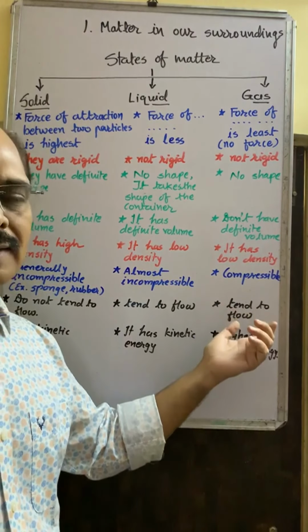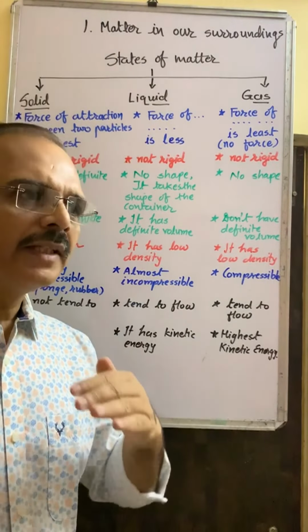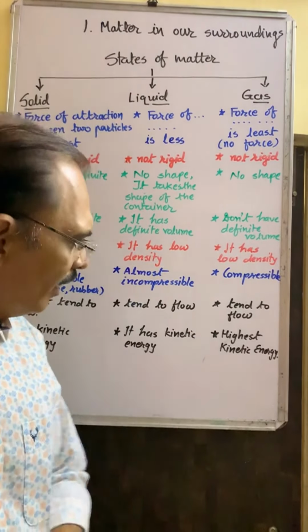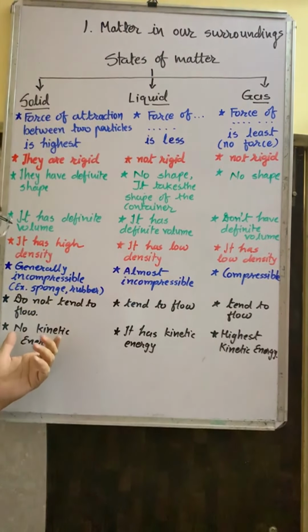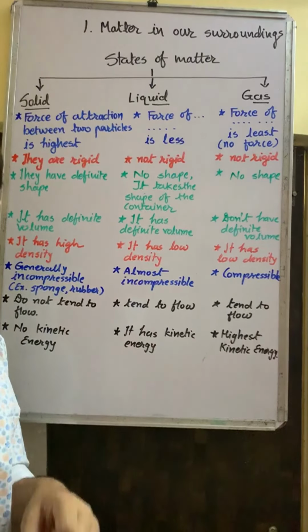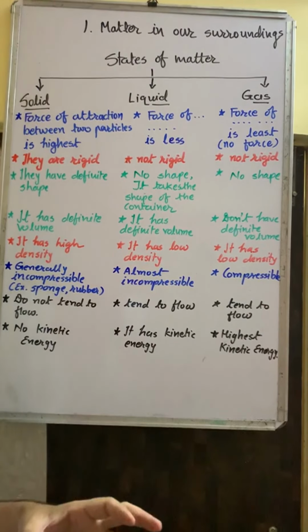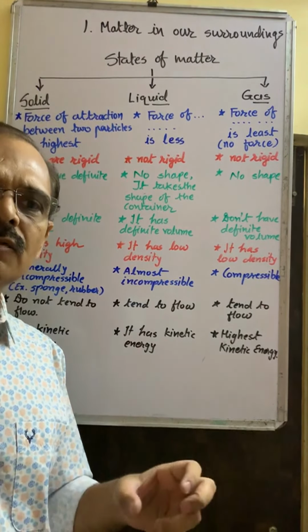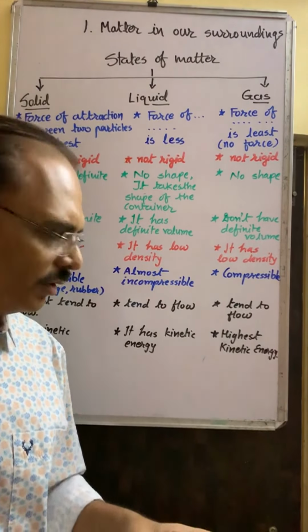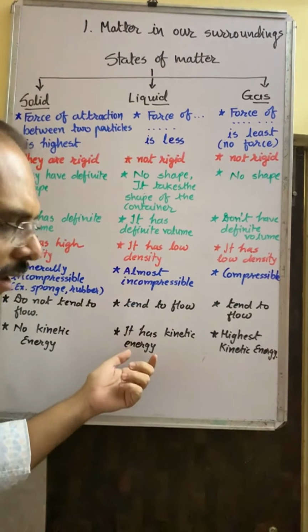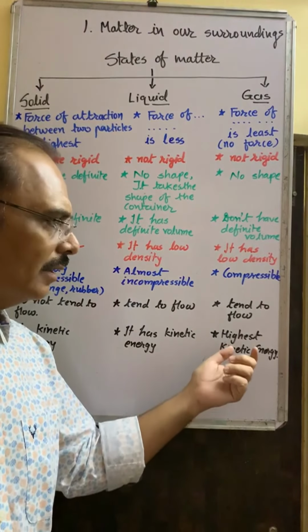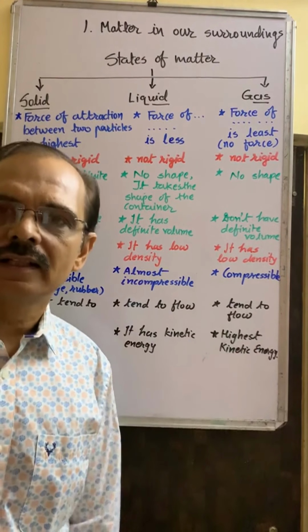And gas also tends to flow, fluidity is highest. Okay? And lastly, you can say that solid has no kinetic energy. Solid is immovable until we apply any external force. Liquid has kinetic energy, and gas has the highest kinetic energy.